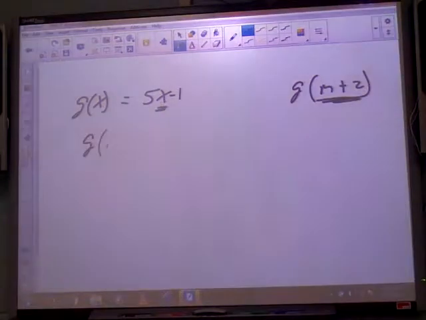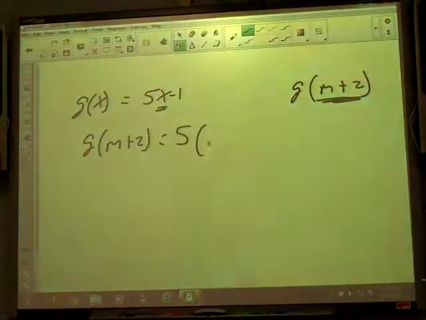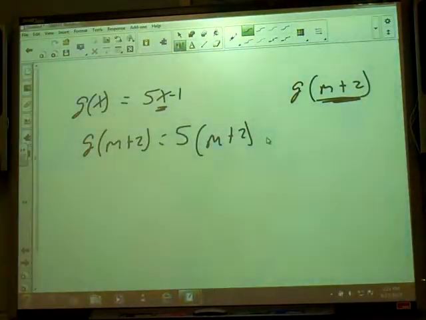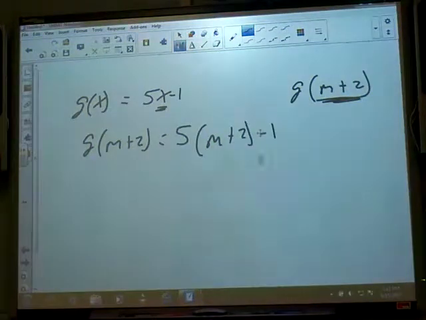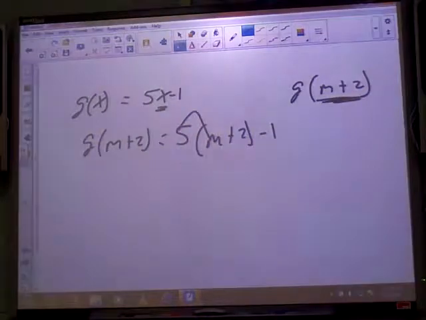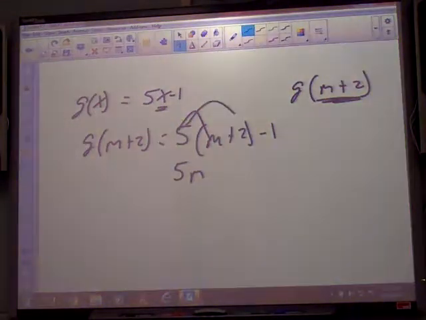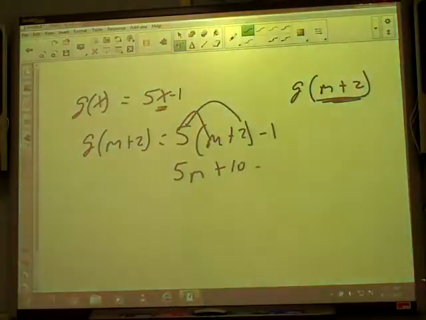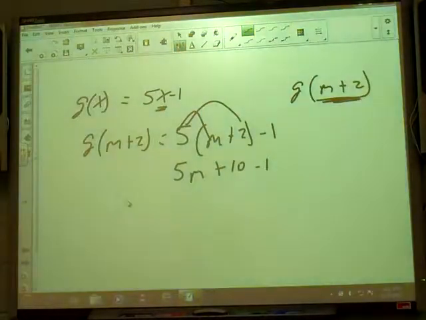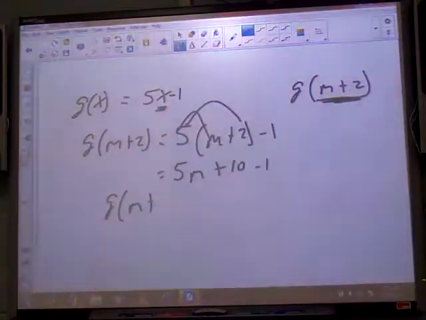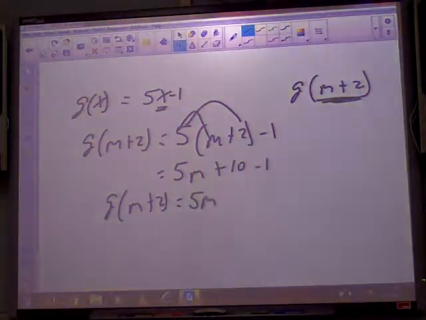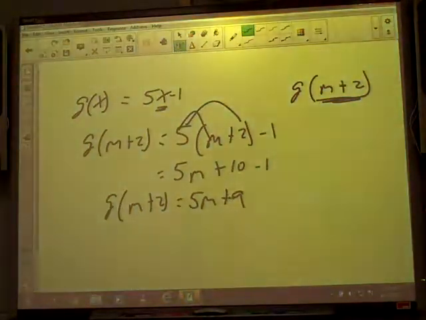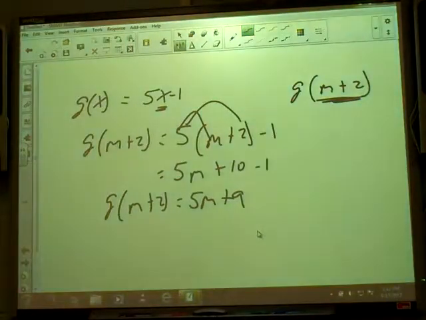So g of m plus 2 is 5 times m plus 2 minus 1. Distribute. Now I've got one more step. What is it? 10 minus 1. So we get 5m plus 9. And that's all we had to do on that.